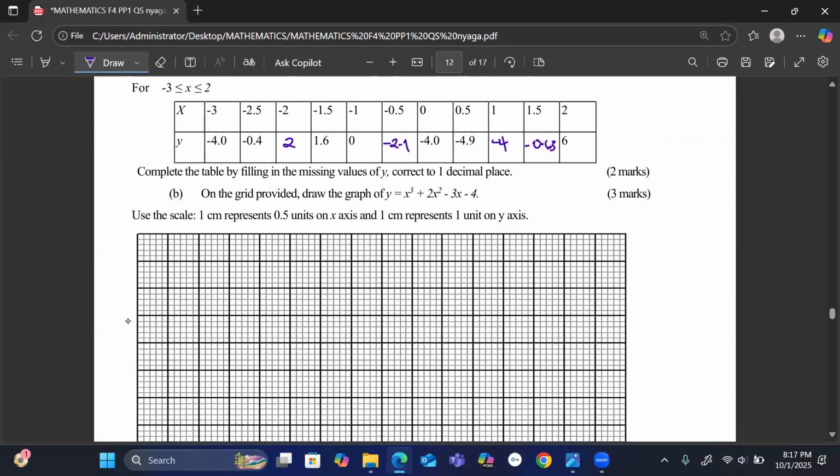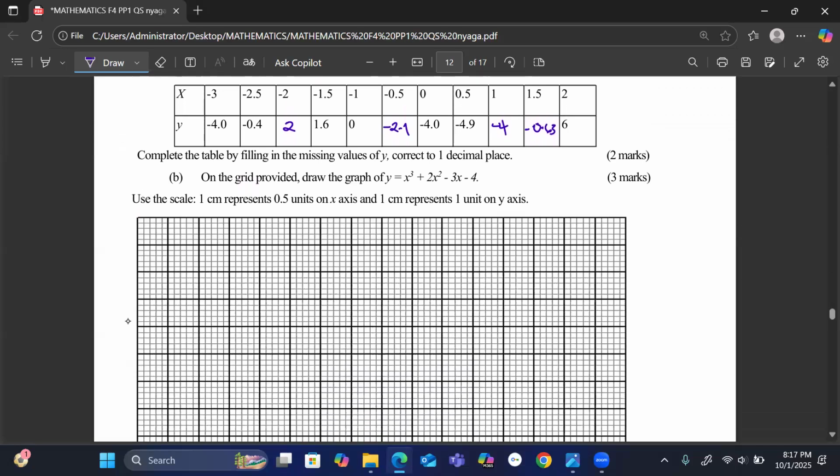Then on the grid provided, draw the graph of y equals x cubed plus x squared minus 3x minus 4. Now, using the scale of 1 centimeter to represent 0.5 units on the x-axis and 1 centimeter to represent 1 unit on the y-axis.